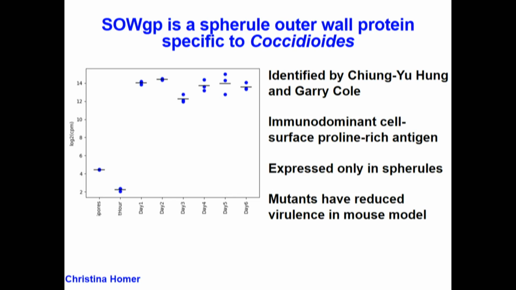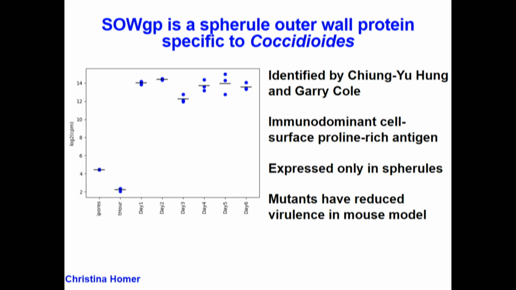It was identified by Chiung-Yu Hung in Garry Cole's lab a number of years ago. The protein is an immunodominant cell surface proline-rich antigen that's expressed only in spherules. And if you mutate SOWgp, they showed that those mutants have attenuated virulence in a mouse model.